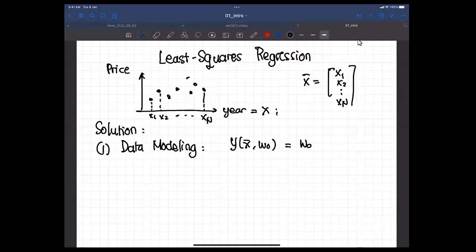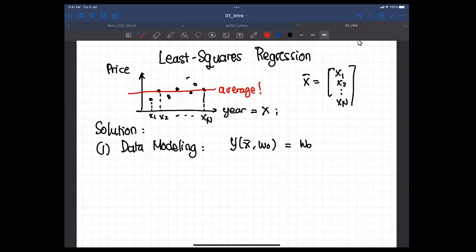Anyone? Exactly, the average, right? The line here will be the average. How do you know that it will be the average? Average from all these points, right? That's something that I want to prove here.